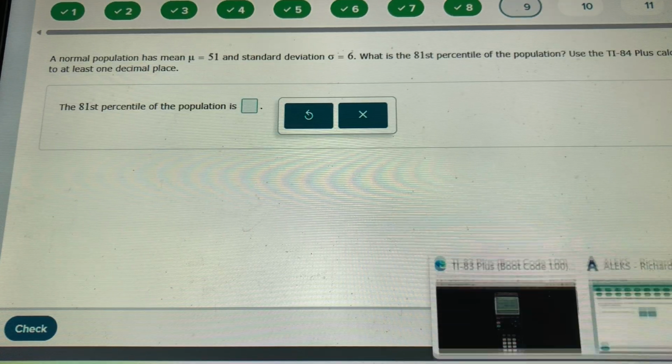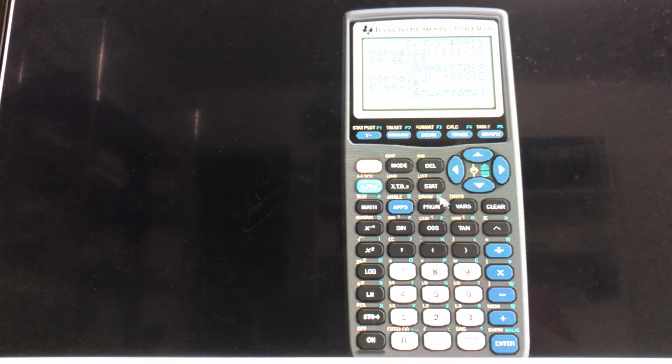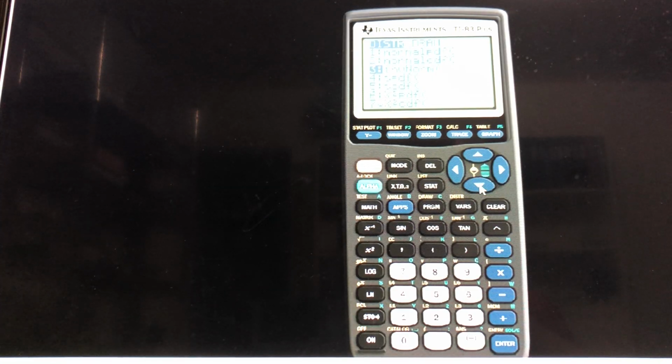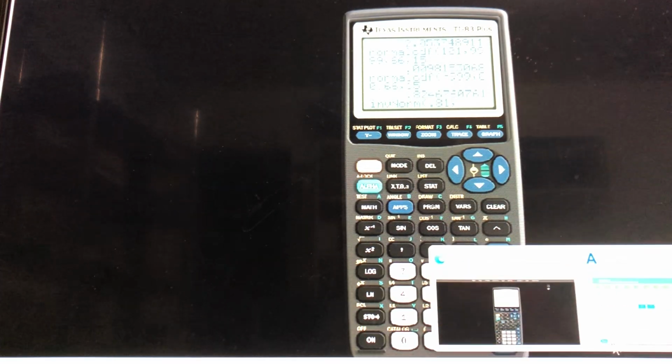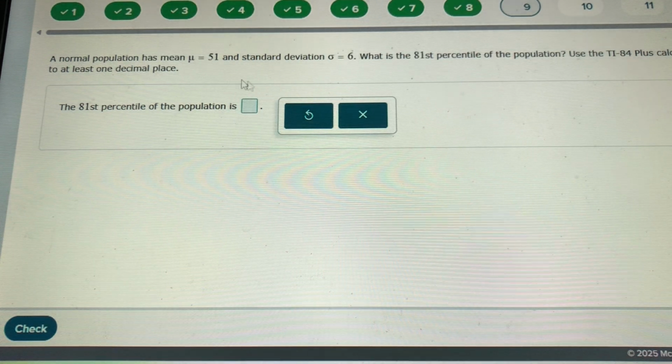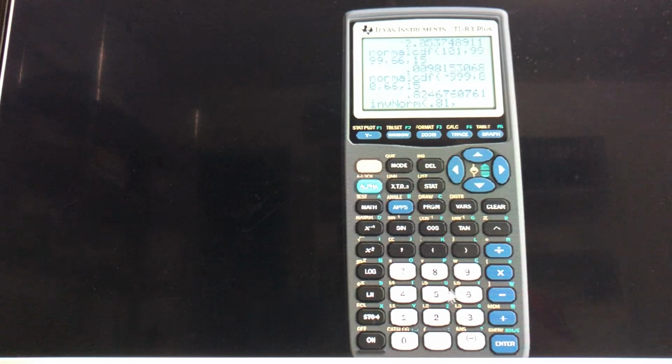So this is the classic example of an inverse norm where it's already going to the left. An 81st percentile, put 0.81, change the percent to a decimal. But then instead of putting 0 and 1, I have to put 51 and 6 that are quoted here in the problem. 51 and 6.